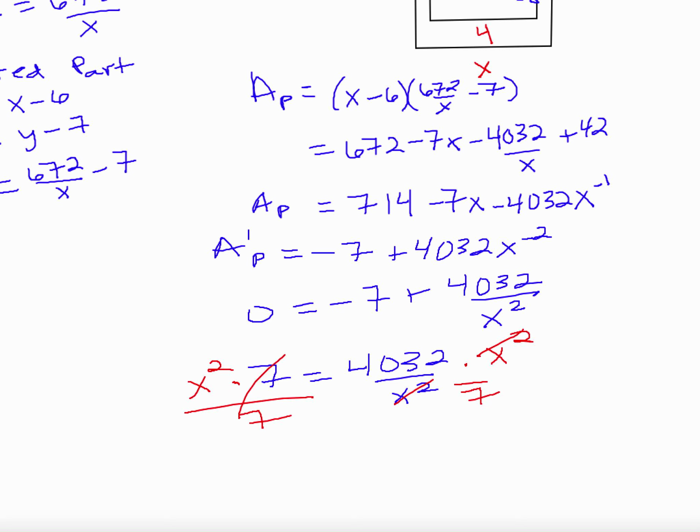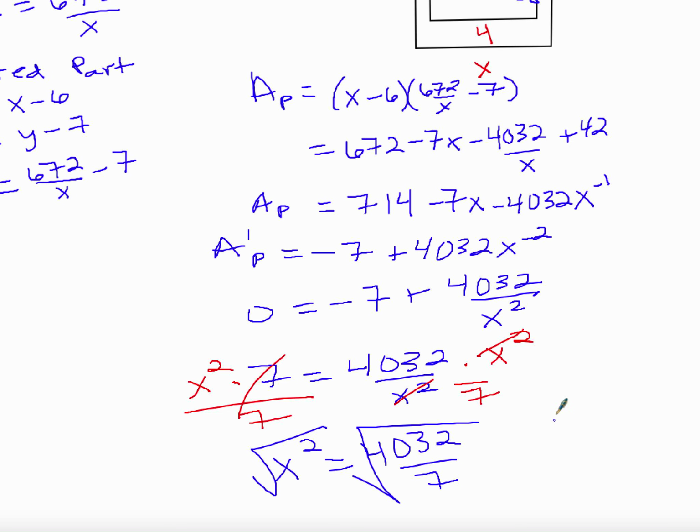I get that X squared is equal to 4032 divided by 7. When I take the square root on both sides, I get that X is equal to plus or minus 24.